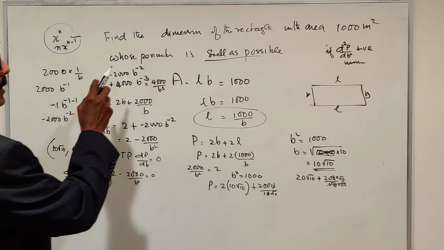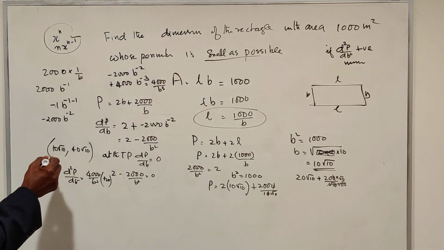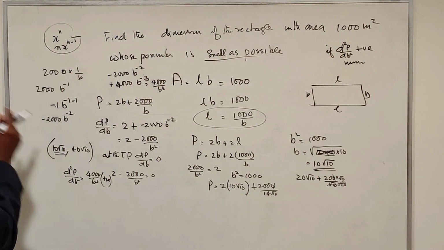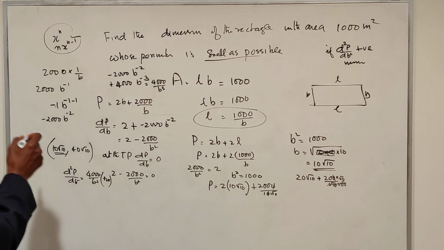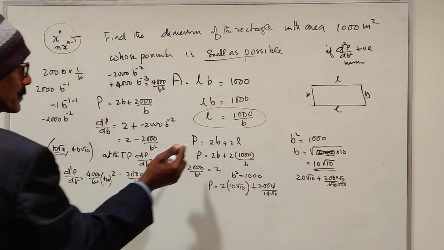Therefore 40 root 10 is the minimum value. Okay? What is the dimension? Find the dimension. What is the length?